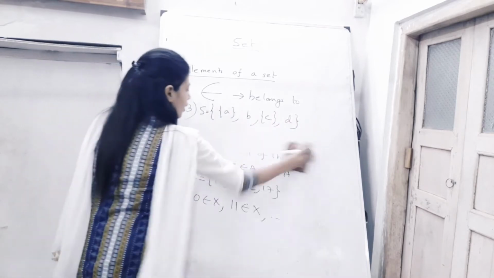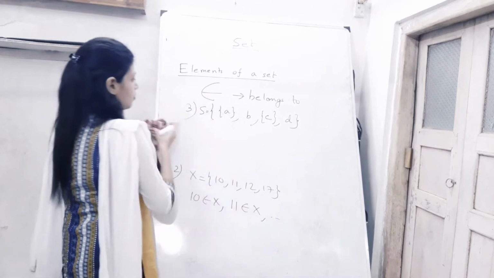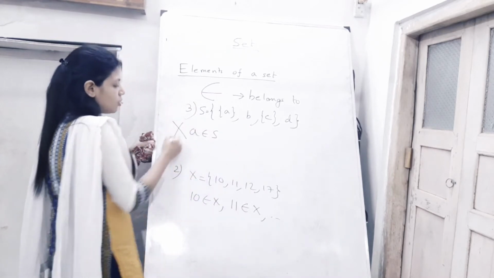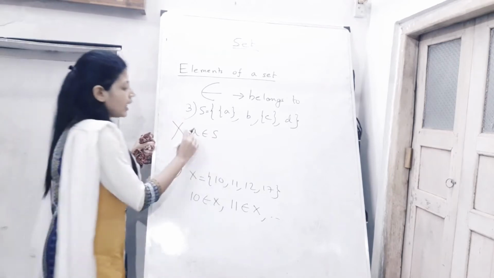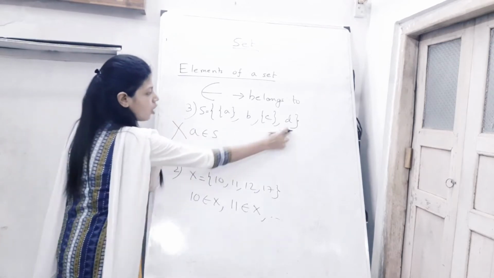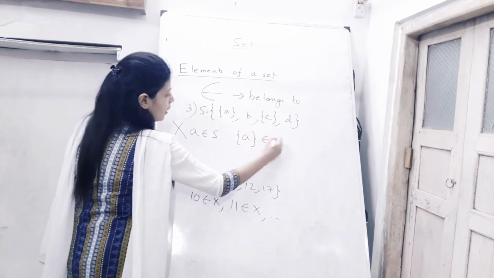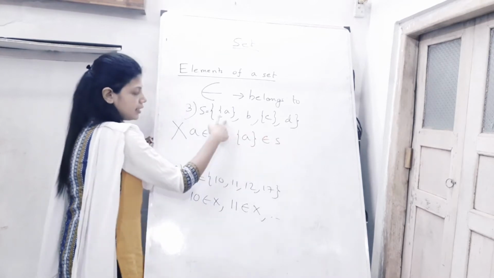Now here if I write A belongs to S, this one is wrong. Why? Because A is not an element of this set, but this one belongs to S. Try to understand.